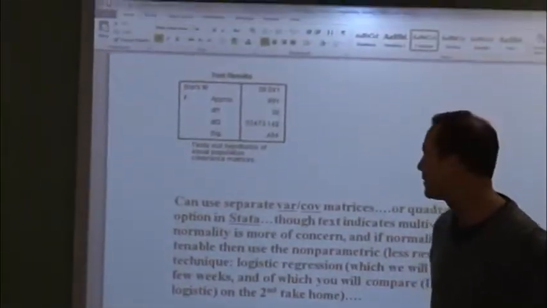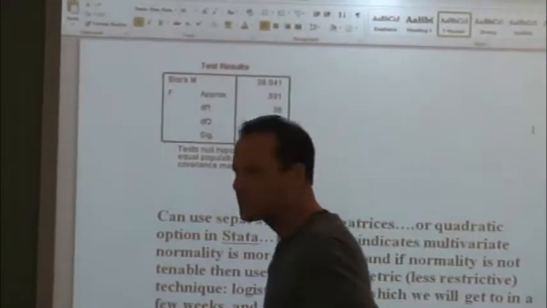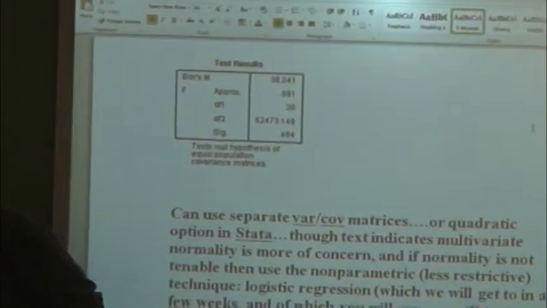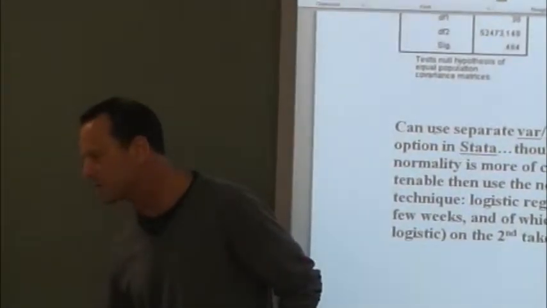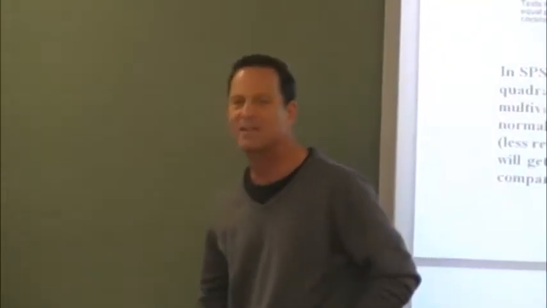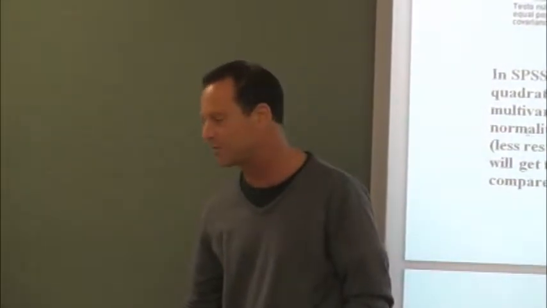Happy. Yeah. But just so you know, there is an option. In SPSS, you can use separate variance covariance matrices. Or there's a quadratic option in STATA. It's not available in SPSS.